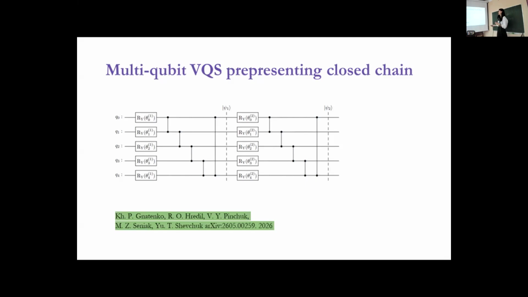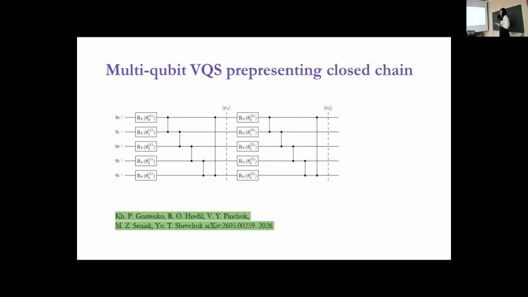And in the general case of a quantum state constructed with this quantum protocol, for an arbitrary number of qubits and arbitrary parameters, we obtained, with our students Roman Hredil, Valeria Pinchuk, Maria Sanyak, and Yulia Shevchuk, all of whom are our students, the result for the entanglement.